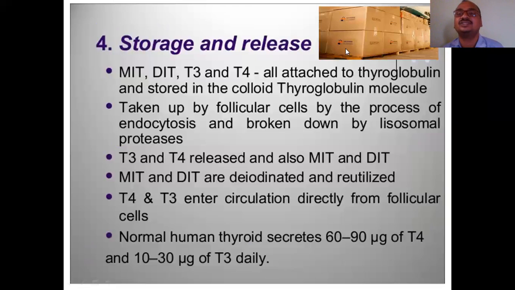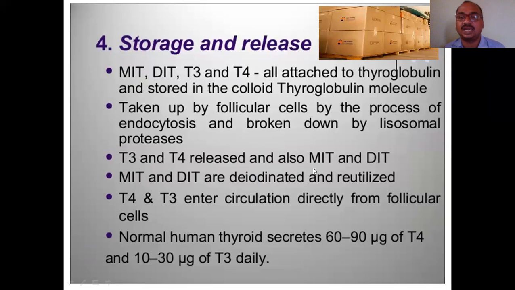Next is storage and release, just like a godown. MIT, DIT, T3, T4 are all attached to the thyroglobulin and stored in the colloid. The colloid is taken up by the follicular cell by endocytosis. That is another concept, endocytosis, exocytosis.